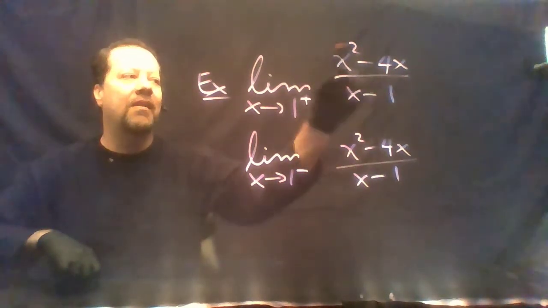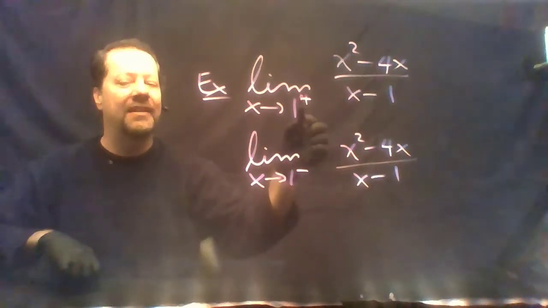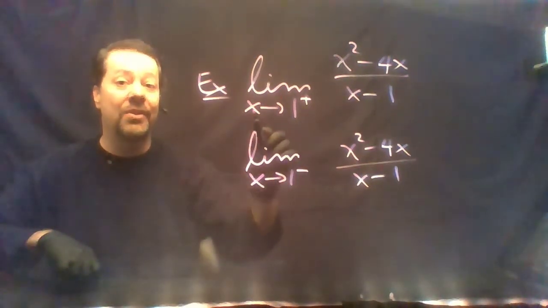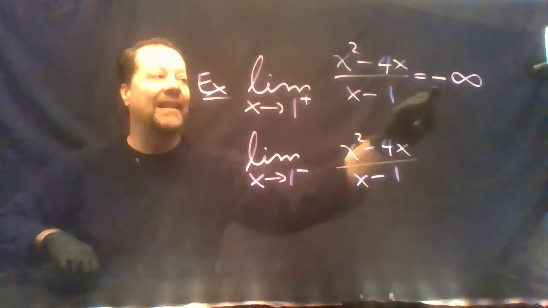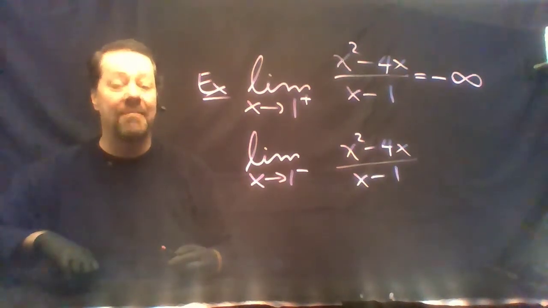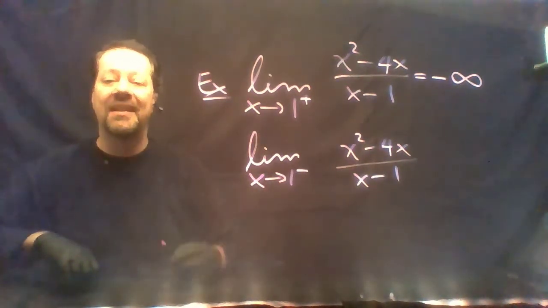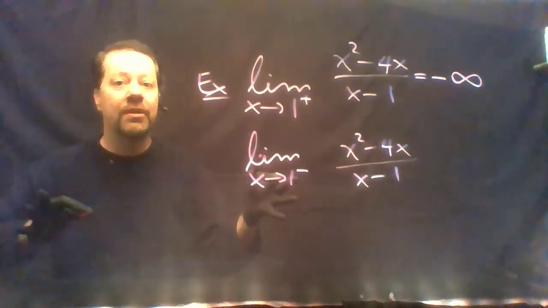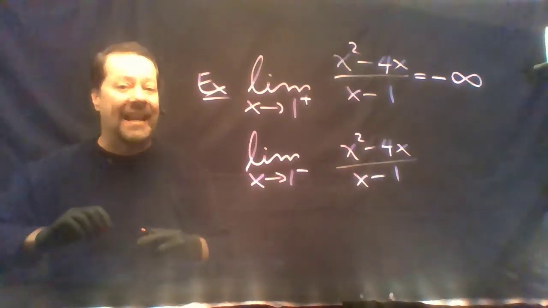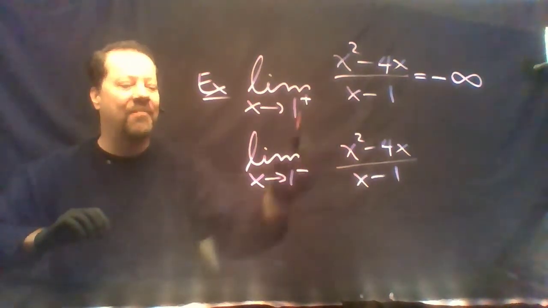So I get something close to negative 3 divided by positive tiny. As you can see, this limit must be minus infinity, not plus infinity, because the numerator was negative. Negative over positive is negative, but tiny in the denominator, huge. Therefore, we go to negative huge or minus infinity.